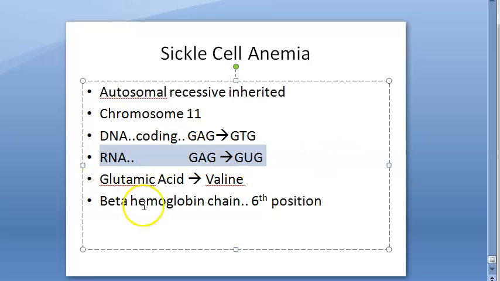So in the RNA, GAG will become GUG. So glutamic acid will be replaced with valine at the 6th position in the beta hemoglobin chain. So the RBCs will become sickle shaped.